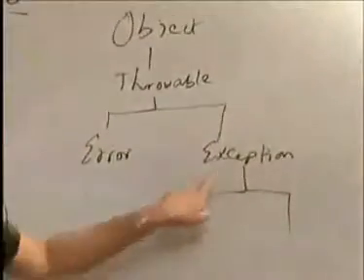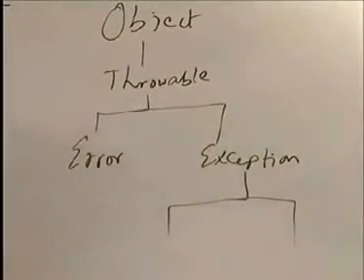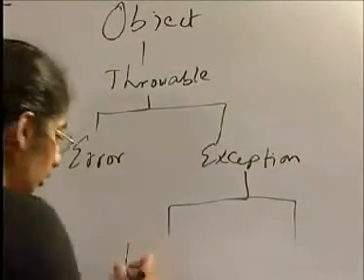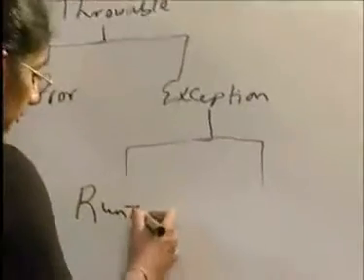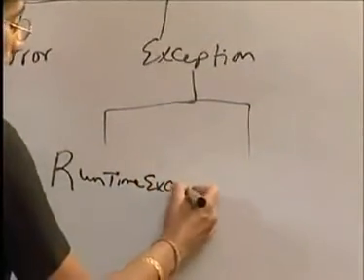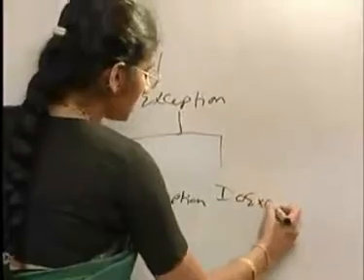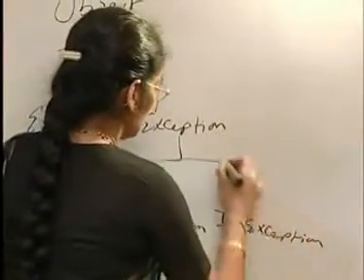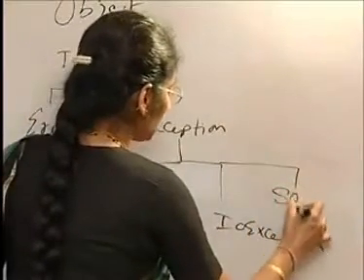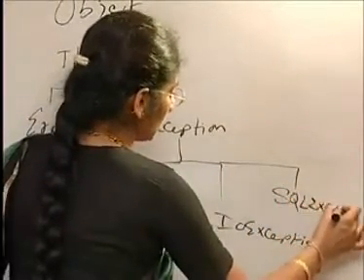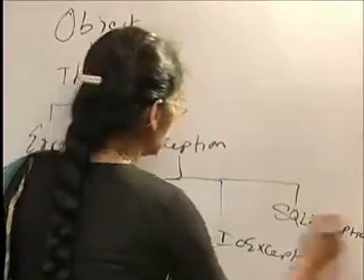From this Exception class, all the different types of exceptions are derived. So you have your runtime exception, your IO exception, your SQL exception, etc. derived from your Exception class.